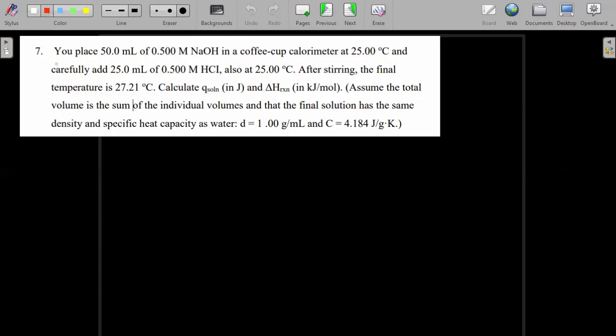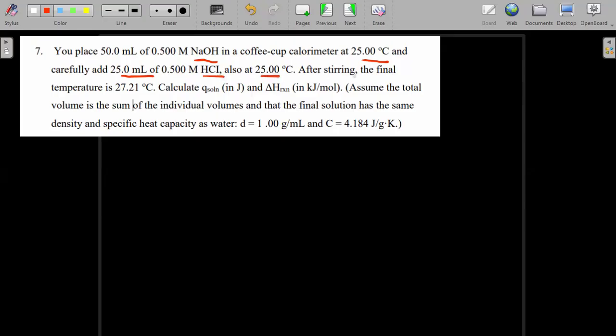Question 7 reads: you place 50 milliliters of 0.5 molar sodium hydroxide in a coffee cup calorimeter at 25 degrees Celsius, and you carefully add 25 milliliters of 0.5 molar hydrochloric acid, also at 25 degrees Celsius.